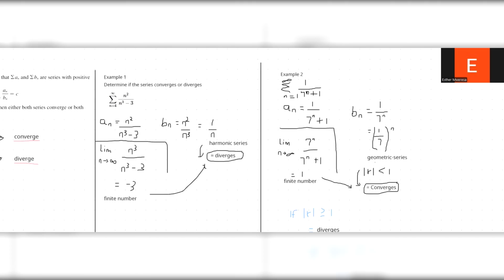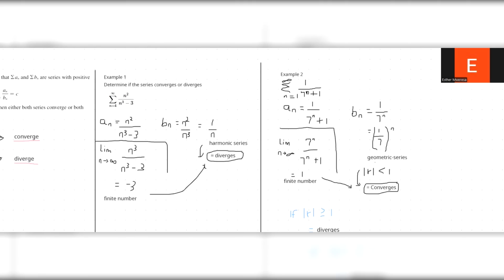And from that, we get series B, which will be n squared over n to the power 3, which is 1 over n. And 1 over n is a harmonic series. So harmonic series diverge. So from that, we find that both A and B diverge.